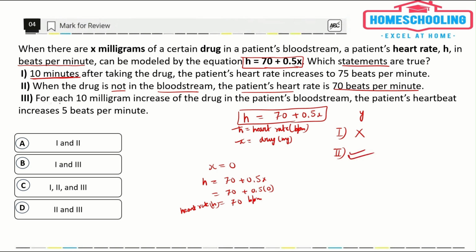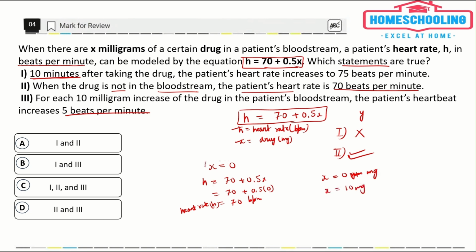Now, for each 10 milligram increase of drug in the patient's bloodstream, the patient's heartbeat increases by 5 beats per minute. So first we will take the drug value 0 milligram, and let's increase it to 10 milligram.